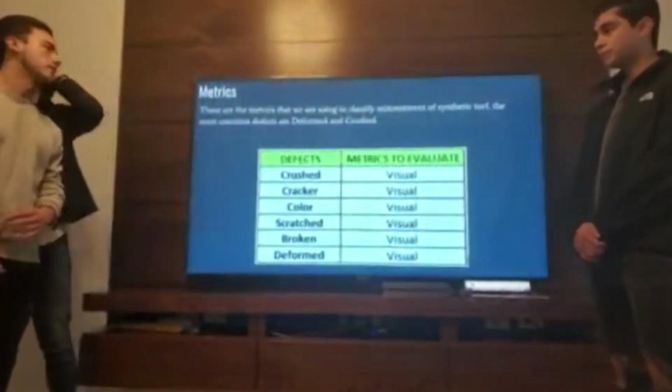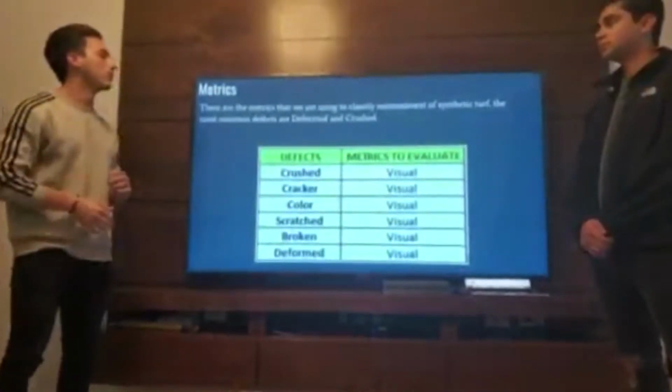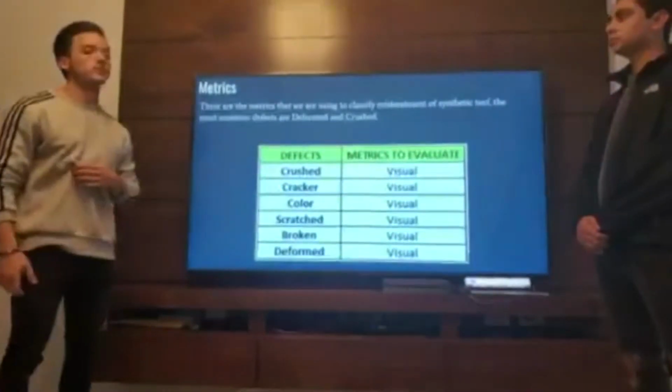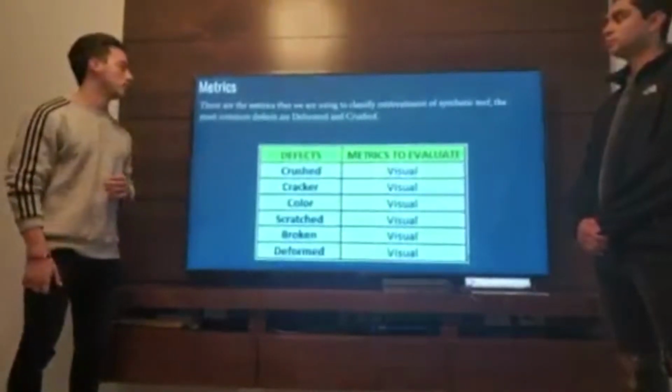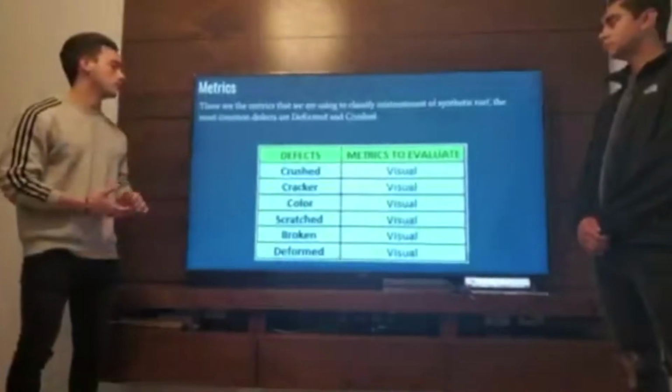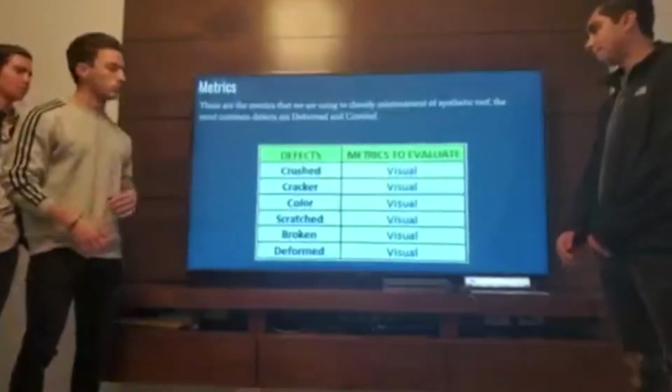Well, and here are the metrics that we use for classifying the mistreatment of the synthetic turf. As you can see in this table, the defects are crushed, cracked, colored, scratched, broken, and deformed, and all of them are visual.